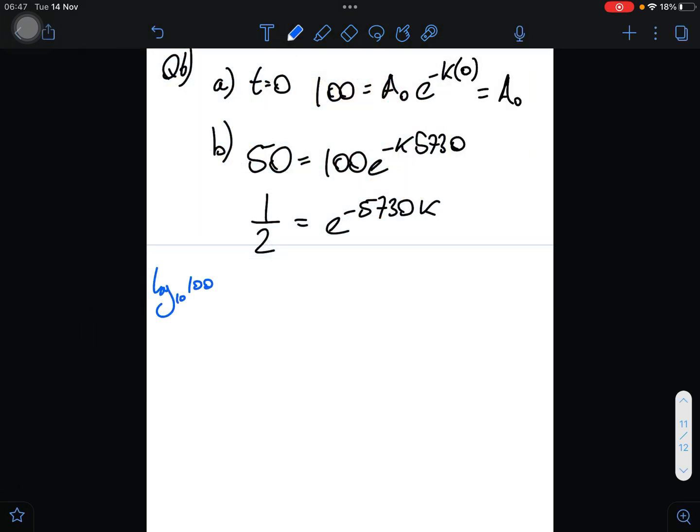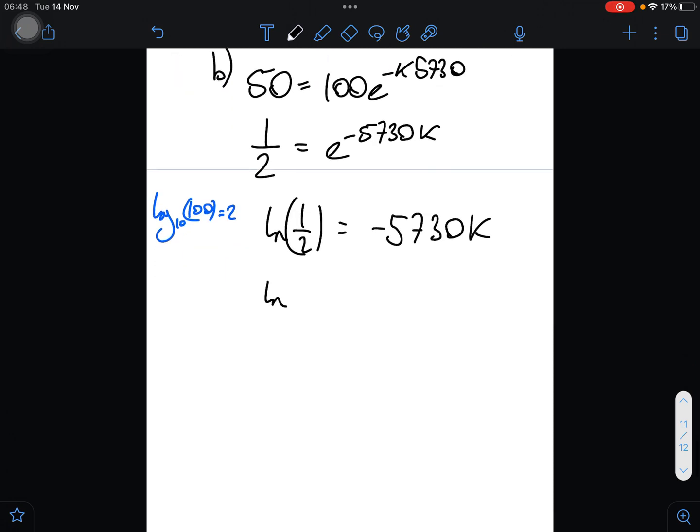Log 10 of 100 equals 2. Therefore, well, of course, log of e is ln, so we've got ln of a half equals ln of this power, 5730k. And they just want you to separate out k.